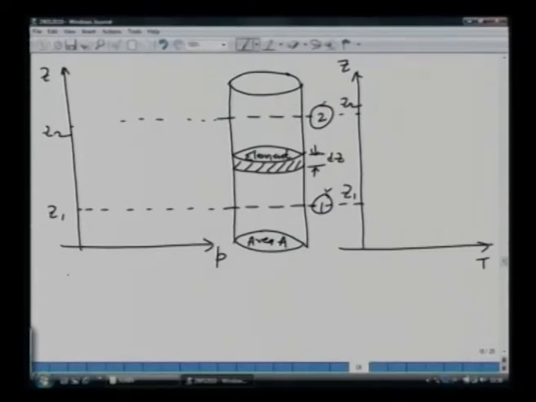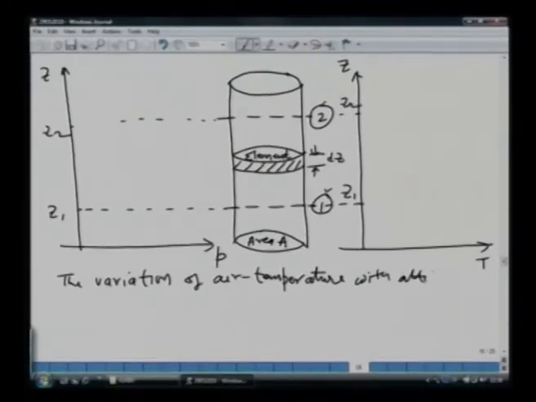The first thing we will do is that as we go up into the atmosphere, the temperature changes, and the variation of air temperature in the atmosphere, as you all know, as we go up the temperature decreases, with altitude or height can be given by this equation.